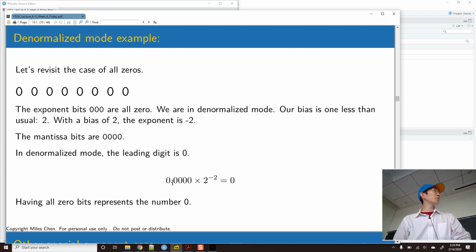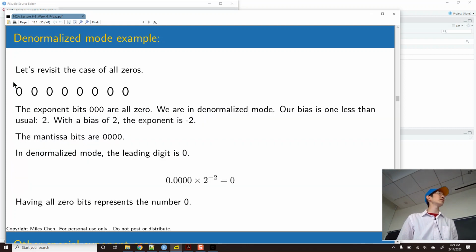So this becomes 0.0000000 times 2 to the negative 2, which is just 0. So having all 0 bits represents the number 0, which makes sense for us. And we're going to have two representations of 0: positive 0 and negative 0. Most computer systems recognize those as entirely equal.